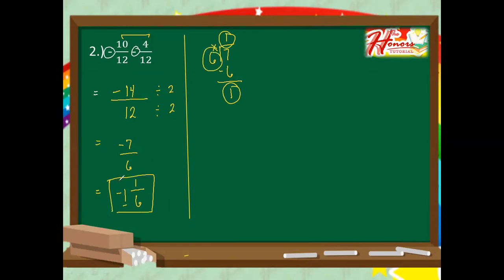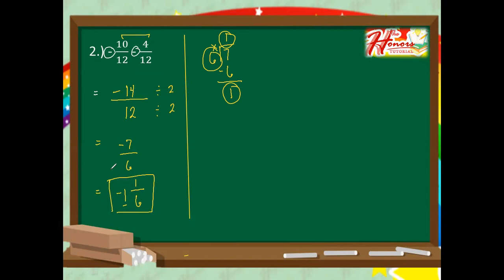And then, as I have mentioned earlier, you have to set aside your sign, which is negative, then put it here. You should put your negative sign beside your whole number at the left side of your whole number. Okay, that is the right way of writing it.